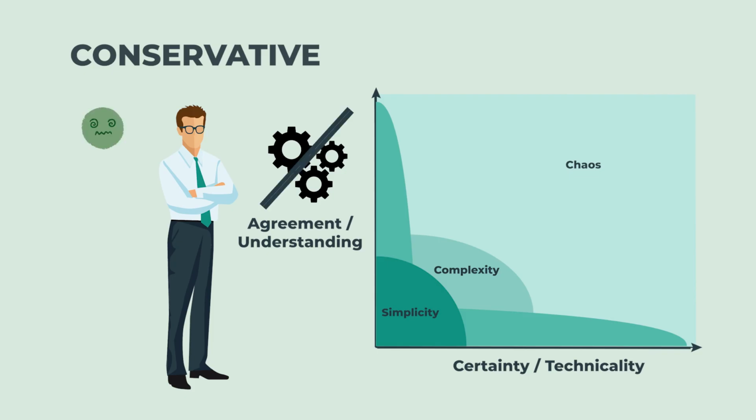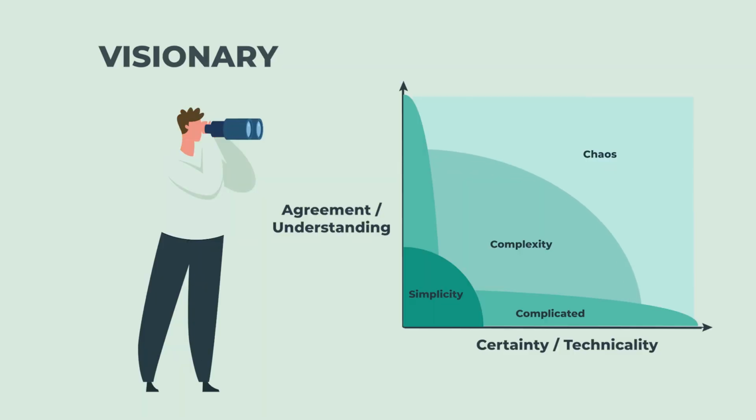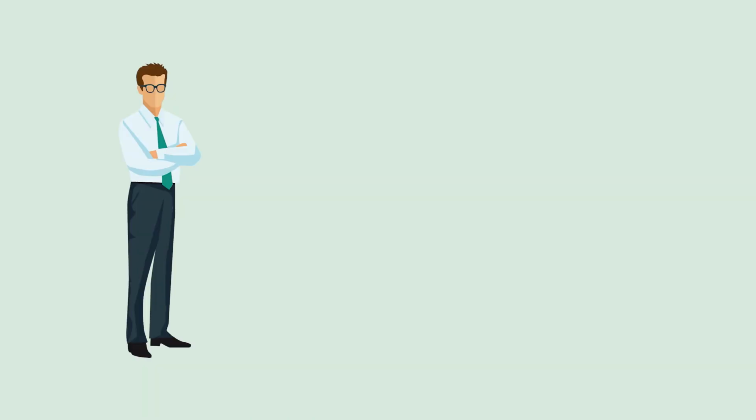The conservative person quickly reaches their chaos zone, whereas the visionary person has an extended complexity zone and a fairly distant chaos zone. They have a vision, they have perspective, where others see a discouraging and frightening chaos. The chaos zone is the fear zone. Fear is certainly the easiest emotion to project and to activate in others.